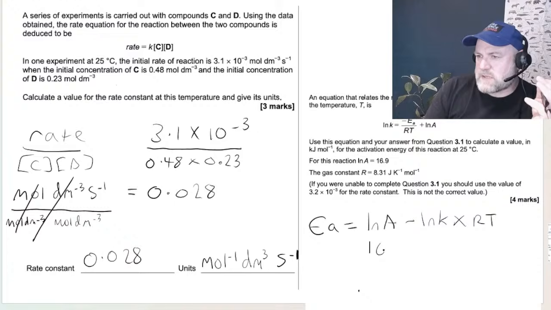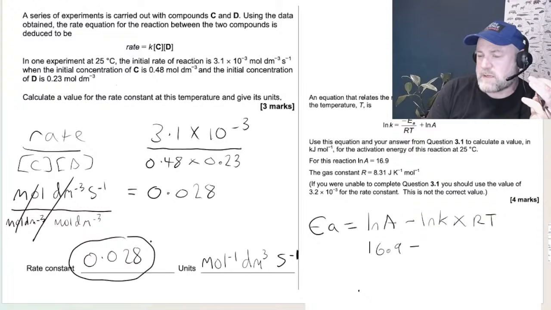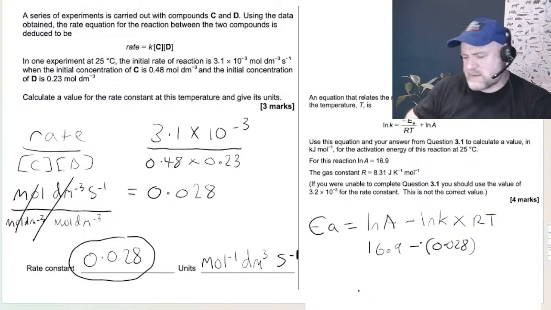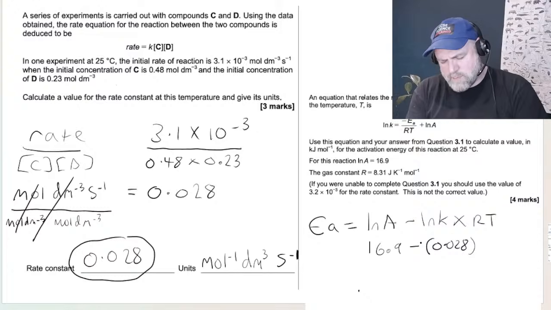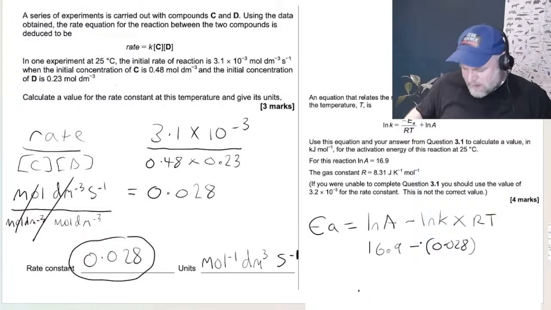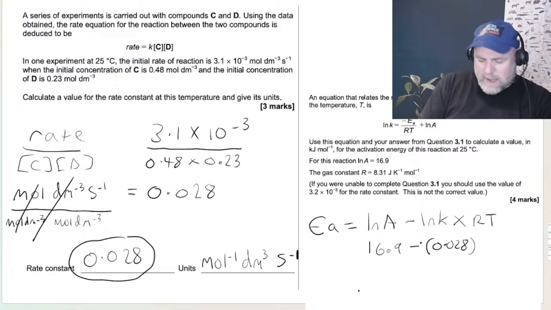So I'm going to go 16.9 minus, what is K? K is 0.028 over here, guys. So I'm going to do minus 0.028. Oh, we need to natural log that. Natural log of 0.028 is minus 3.578.